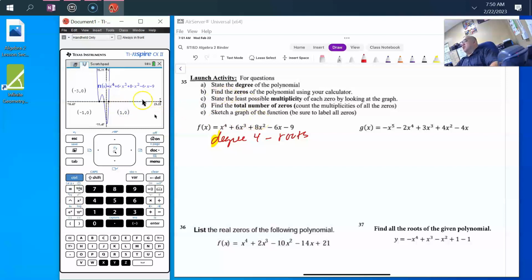So there has to be one that's being repeated. We just don't know right now. So what I'm going to do is list them. I have x equals -3, x equals -1, and x equals 1.